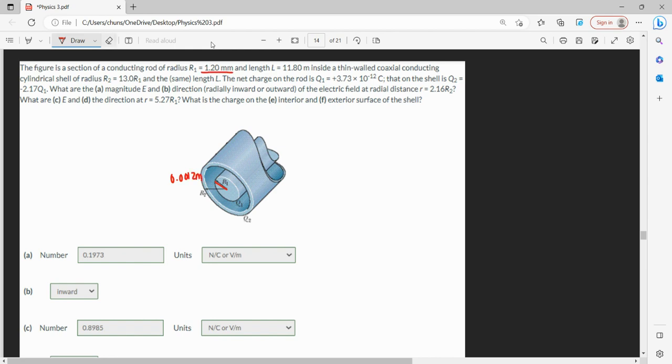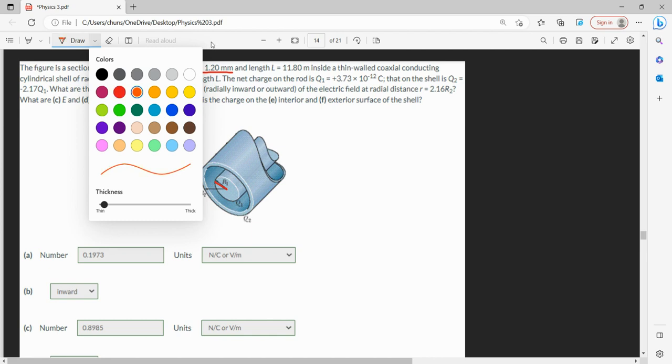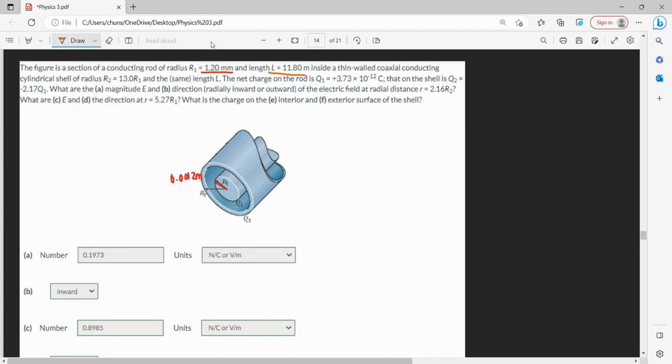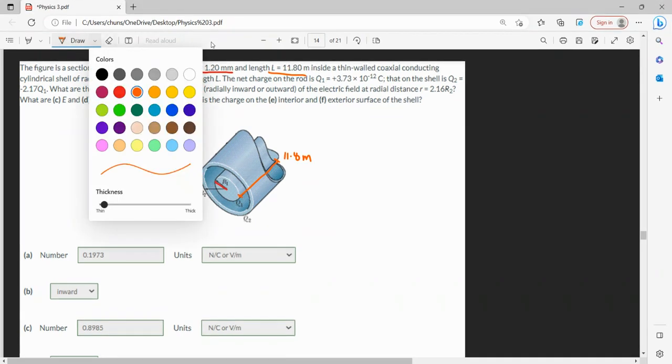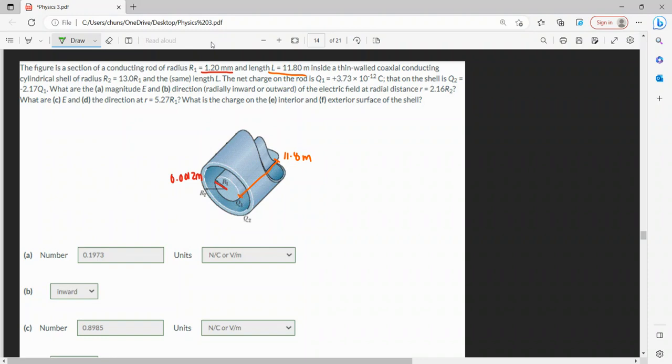It's our first radius. Our length of our cylinder is 11.8 meters. And we have a second radius, which is in terms of R1, so in green here. So I'm just going to do the math right here. So times 13, this is 0.0156 meters.